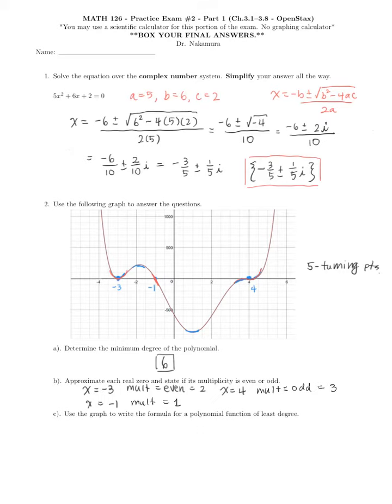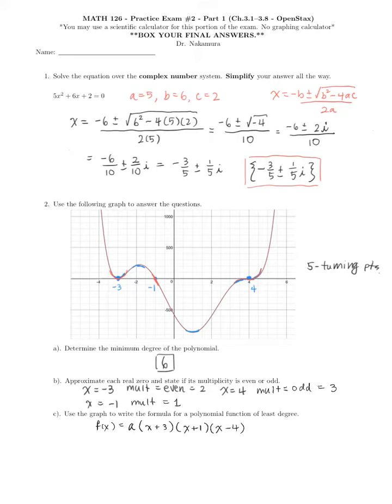All right, so let's try to put all this information together to write the formula for the polynomial function of least degree. First let me just write it out like this. So our f of x is going to be some number a, which we'll figure out in a minute, and then x plus 3, x plus 1, I'm just jotting down all the factors, and then x minus 4.